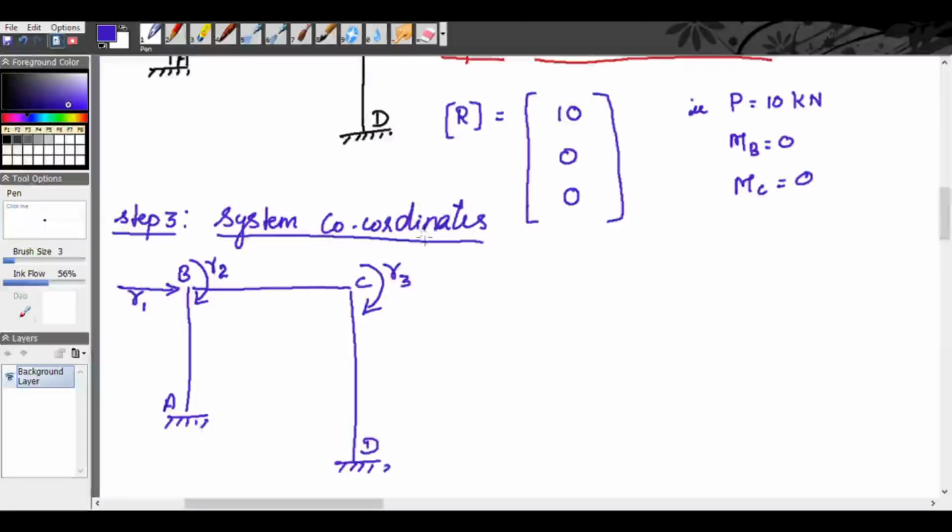Now we will move on to step 4, representing the element coordinates.